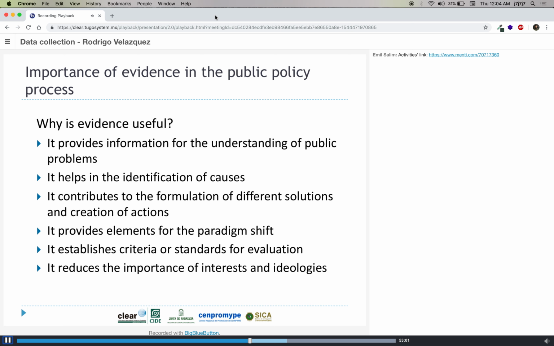And we can see this very often concerning social welfare programs, because there exists evidence that says that some programs are not very effective. And when we show this evidence to the decision makers, then they can modify or change some public programs.